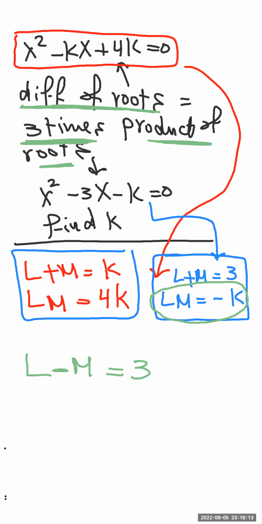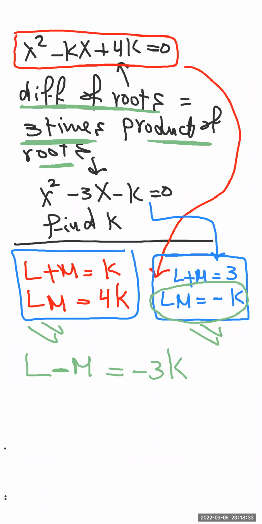So negative 3k, correct? Because the difference of the first one equals 3 times the product of the second one. So now L minus M will equal negative 3k.